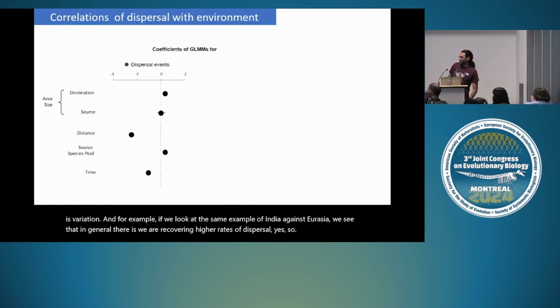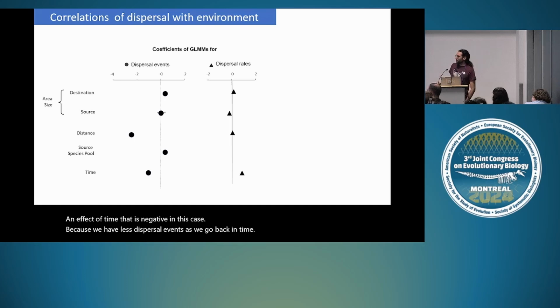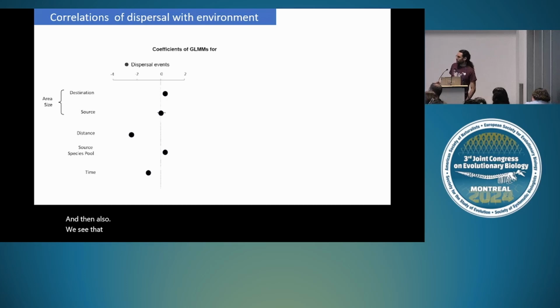So if we look at the correlations, we find that dispersal events have an effect of time that is negative in this case, because we have less dispersal events as we go back in time. And then, well, also we see that distance has a strong effect, which is negative, which is according to our expectations.